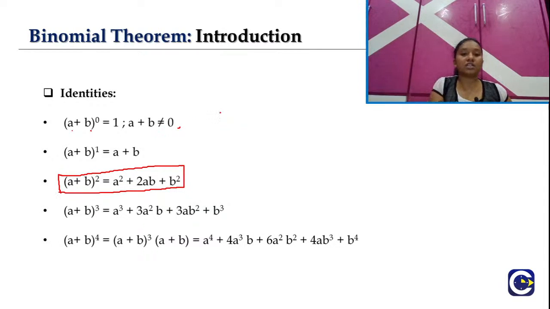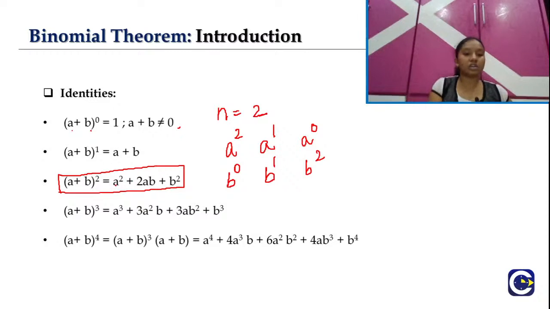What is the n index? That is equal to 2. So the first term A's power will start from 2 and then decrease: 2, 1 and 0. Whereas for the second term, it will start from b power 0 and increase: b power 0, b power 1 and then b square.